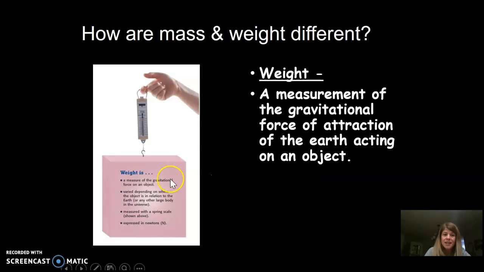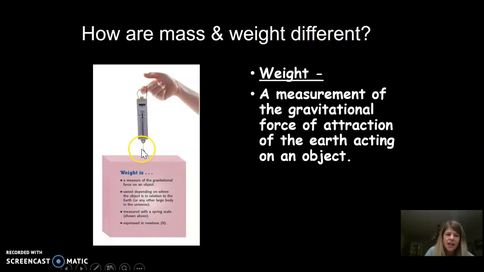Well, weight is the measure of the gravitational force on an object. And it varies depending on where the object is in relation to Earth or any other large body in our universe. If we are on Earth, we can measure the weight with a spring scale.